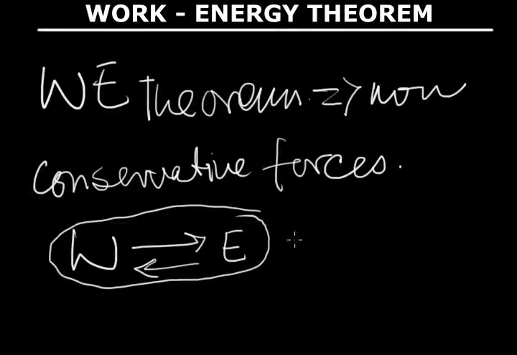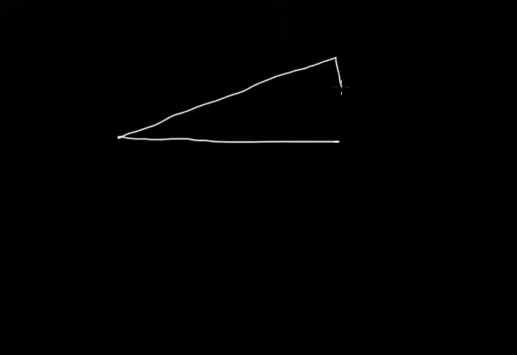Now, what we need to do here, I'll show you with an example how this system works with dissipative forces. And I will take a specific example to explain the whole thing. Say, for example, I have an incline here, and the incline has a height h and an angle theta.